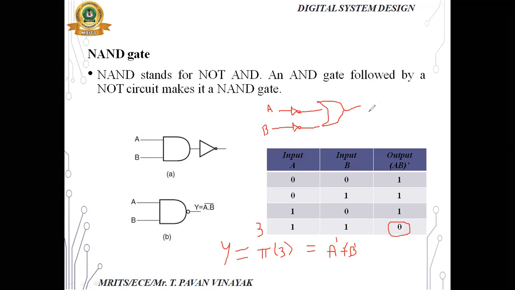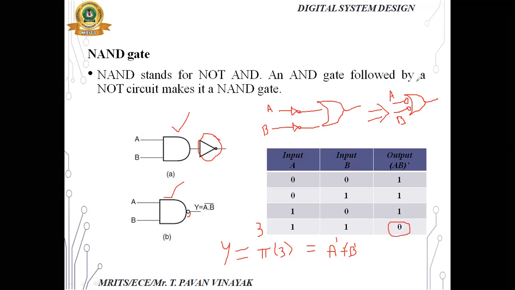So that can be written as what we said. The NOT gate is simply replaced with the bubble, right? So the NOT gates are available at which side? Input side. So we simply replaced them with bubbles. A, B. So this is the original NAND gate circuit.